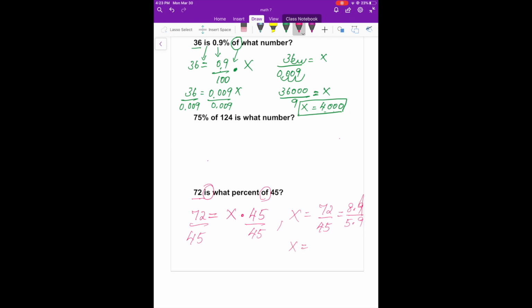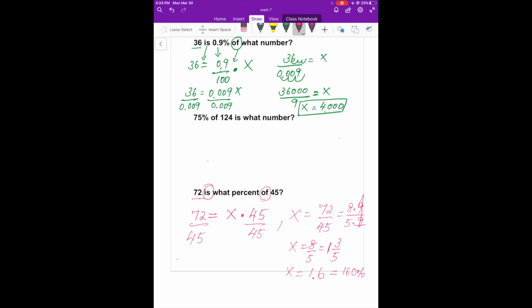So x is equal to 8 fifths, which is going to be a mixed number, 1 and 3 fifths. That means x is equal to 1.6, since 3 fifths is 0.6. How much percent is that? Move the decimal over twice, so that's 160%.